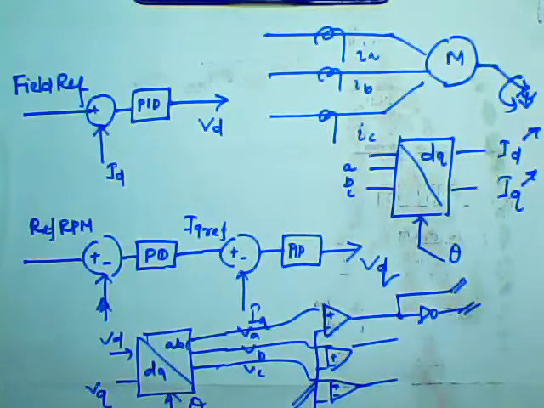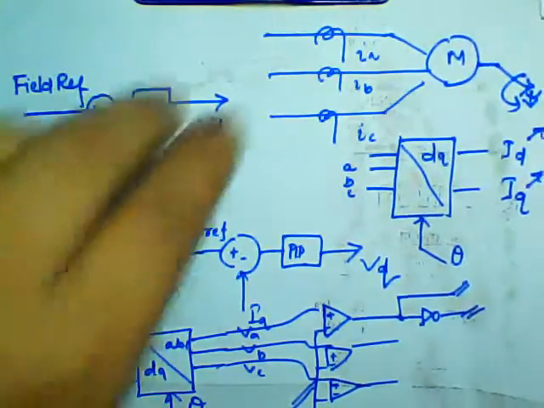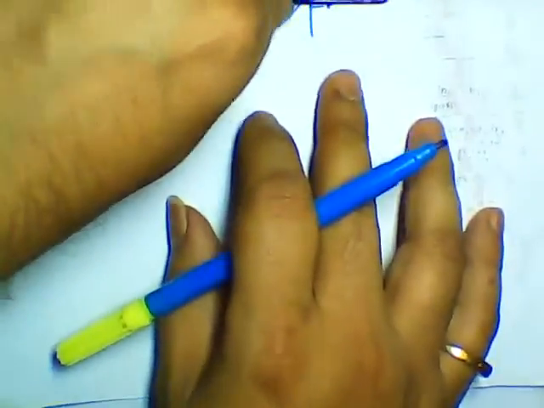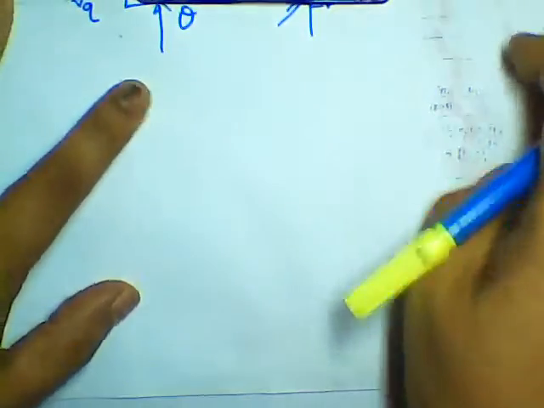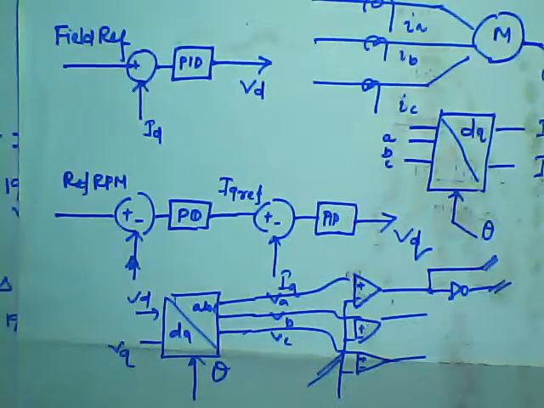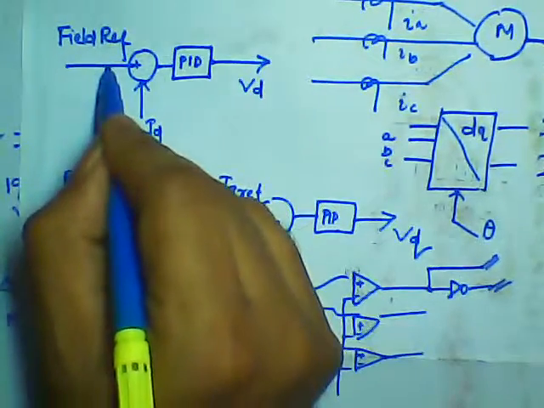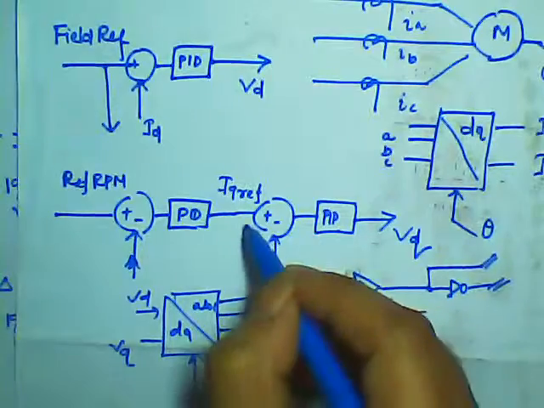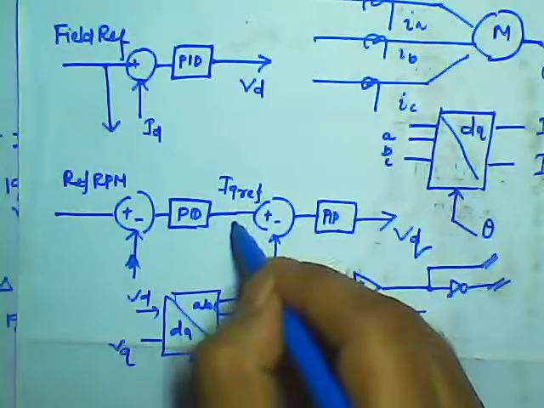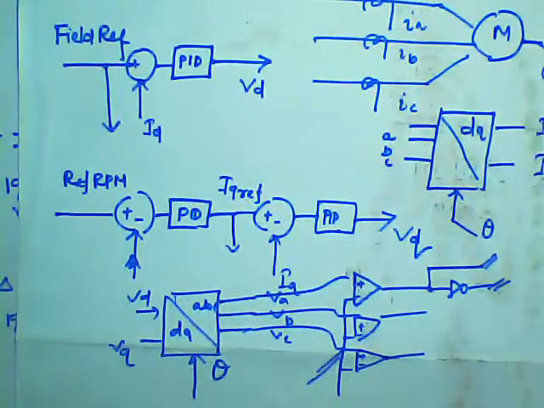Now how to estimate the theta? To estimate the theta, we are generating it from this field reference, which is my direct axis current reference, and the quadrature axis current reference.